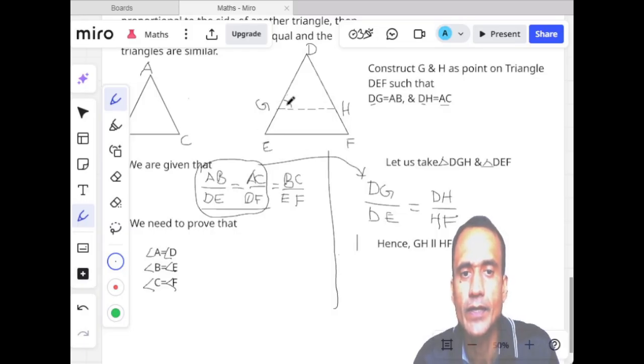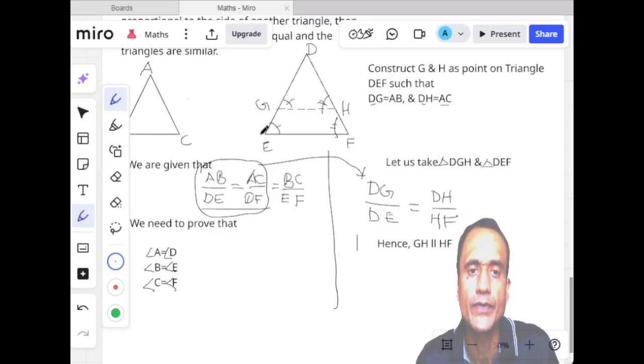So these two lines are parallel and this is a transversal. So angle G equals angle E and angle H equals angle F. Why? These are corresponding angles. This is a transversal, these are two parallel lines, and these are corresponding angles.